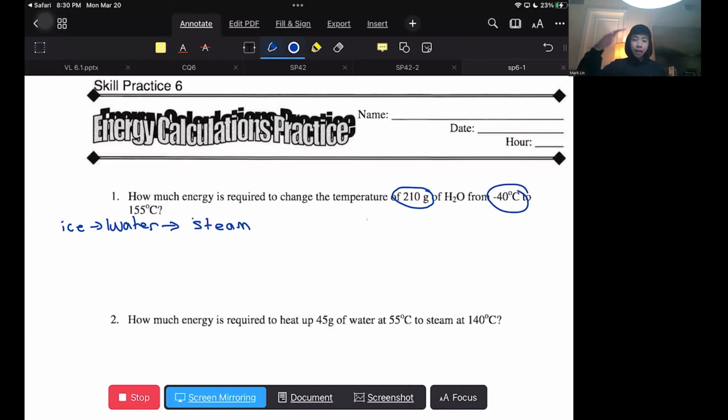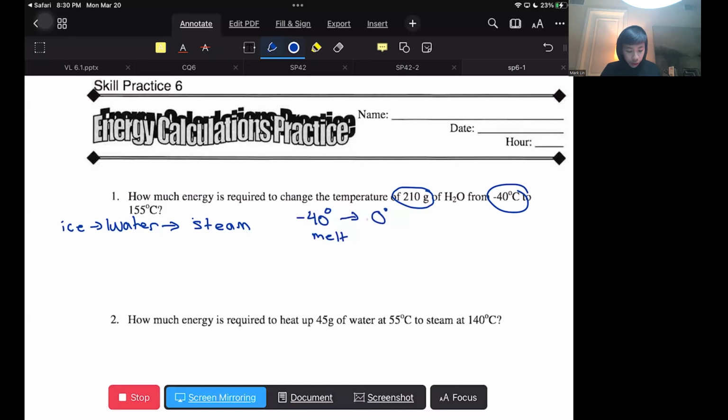In order to get to a liquid form, we need to melt it. But in order to melt it, we need to get to 0 degrees Celsius. So from -40, we need to go to 0 degrees Celsius. And then going from solid to liquid is the melting stage. We just need to melt it, and that's its own equation itself.